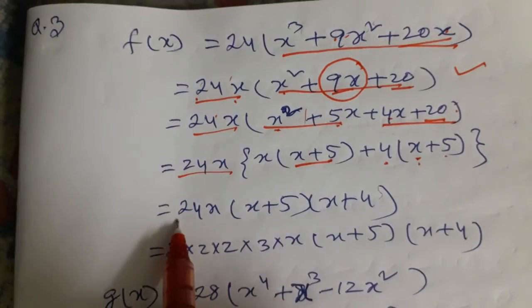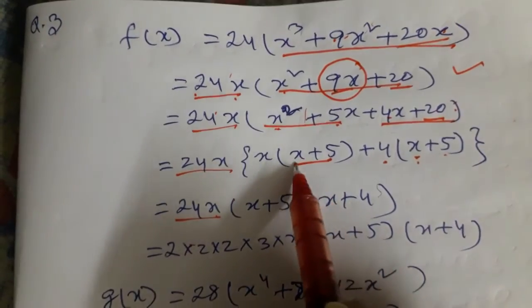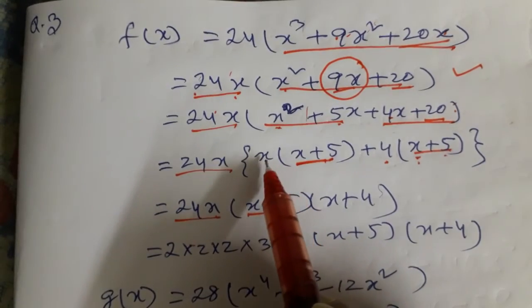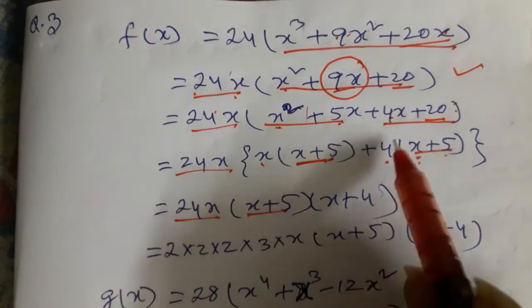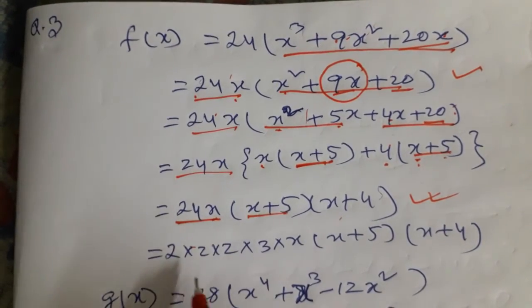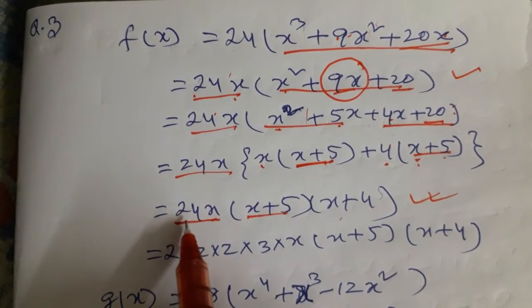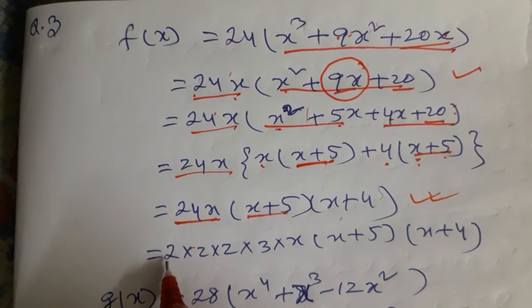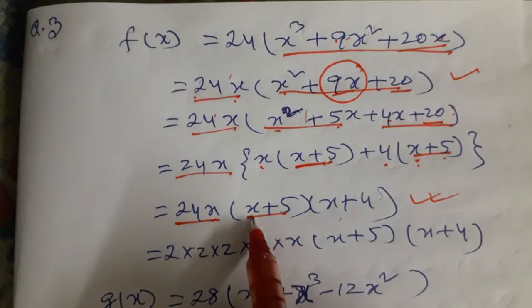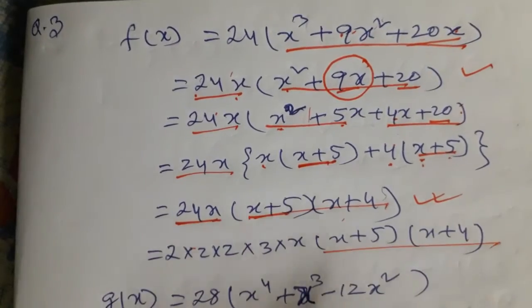Now this one also as it is we have written, and x plus 5 is common, so you take here, and the other two terms x plus 4 you write here. Now 24 you factorize it: 24 equals 2 into 2 into 2 into 3, x, and this we have to write as it is.